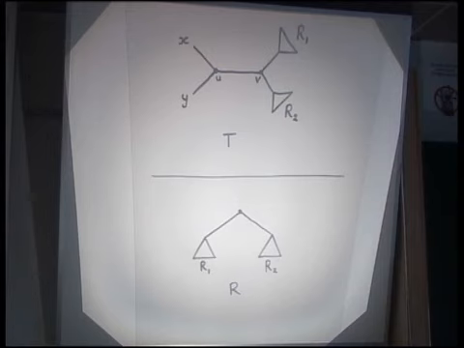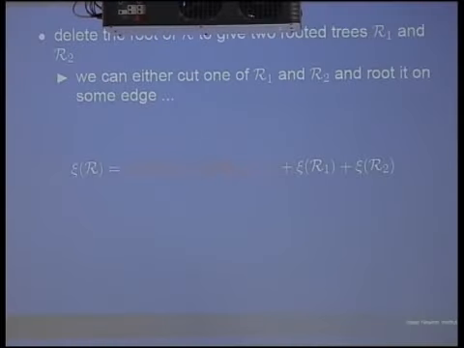We delete the root to get 2 other rooted trees, and you have 2 options then for how you can cut off one of these rooted trees and choose a root on it. You can either cut all of R1 or all of R2 and root that. The number of ways to root that is the number of edges in the tree.